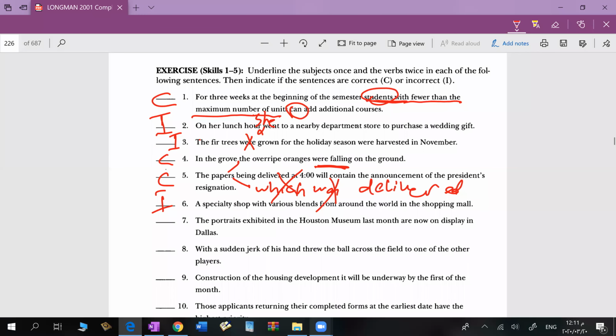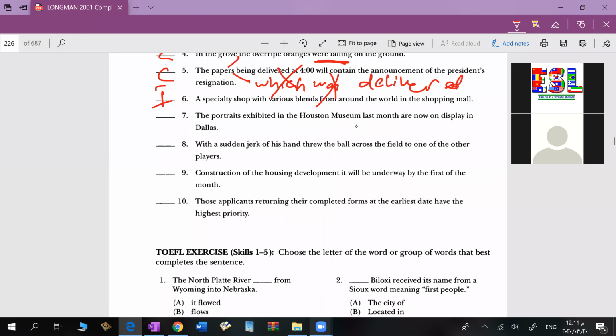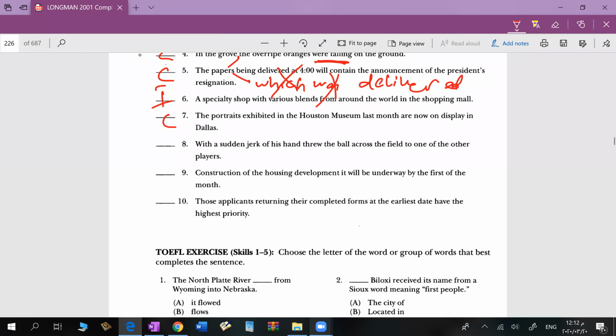The portraits exhibited last month are now on display. Correct. With a sudden jerk of his hand through the ball. What do you think?